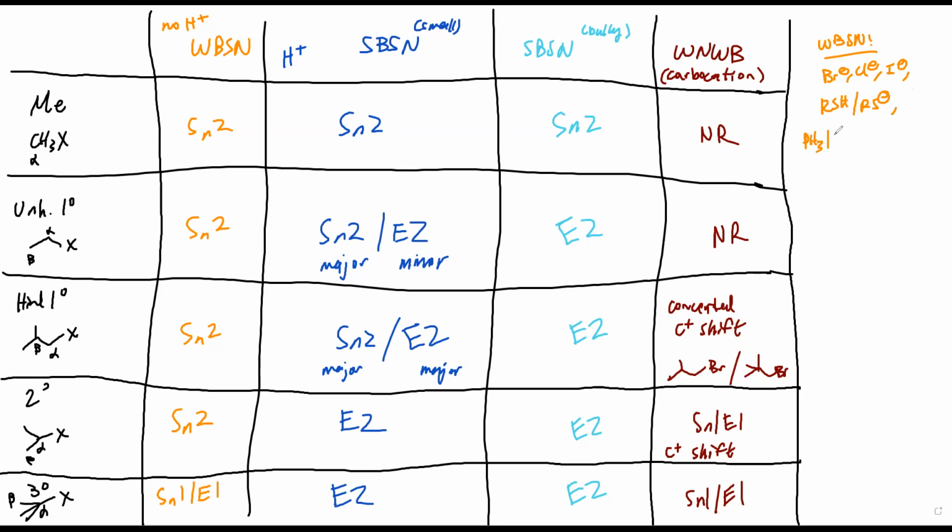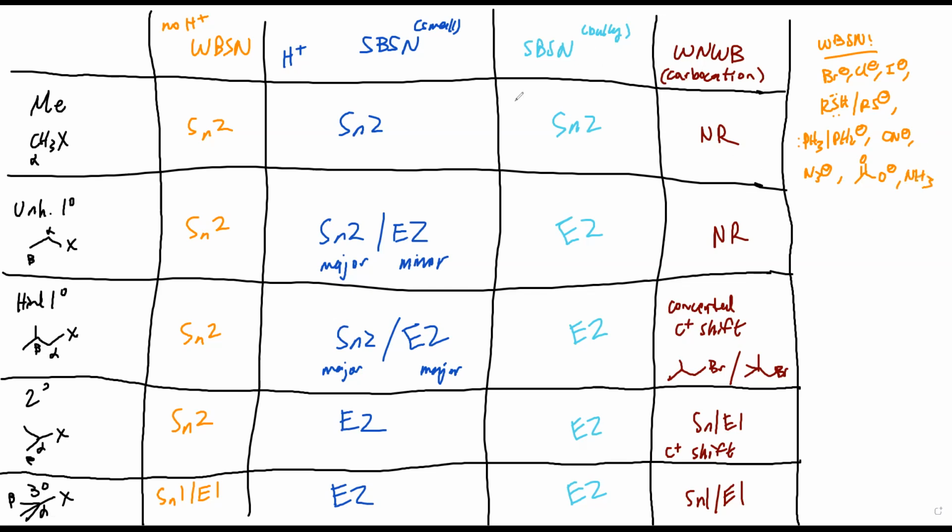Phosphorus, whether neutral or anion, will do it. CN minus will do it. N3 minus will do it. Carboxylate ion will do it, although it's kind of weak, not the best one. And that's all I can think of for right now. Oh, and then neutral amine will do it.